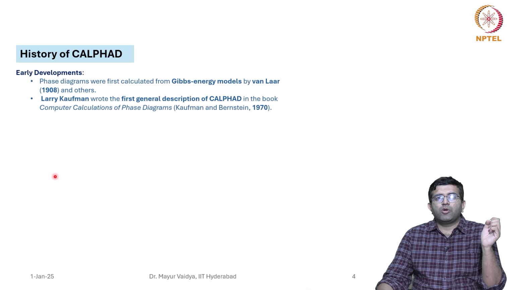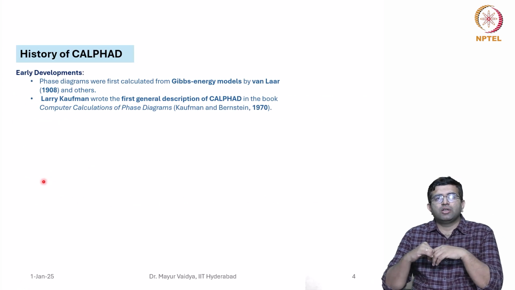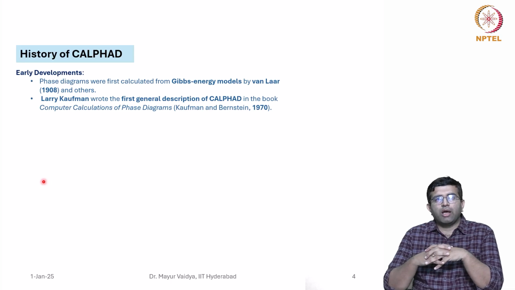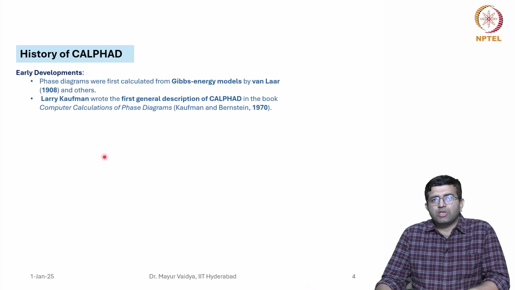A little bit about the history of CALPHAD. As long ago as 1908, phase diagrams were first calculated from Gibbs energy models by Van Laar. Then Larry Kaufman wrote the first general description of CALPHAD in the book Computer Calculations of Phase Diagrams.